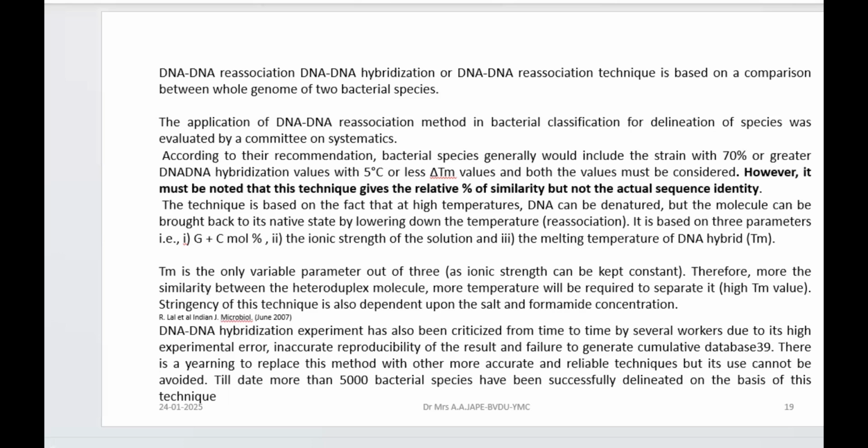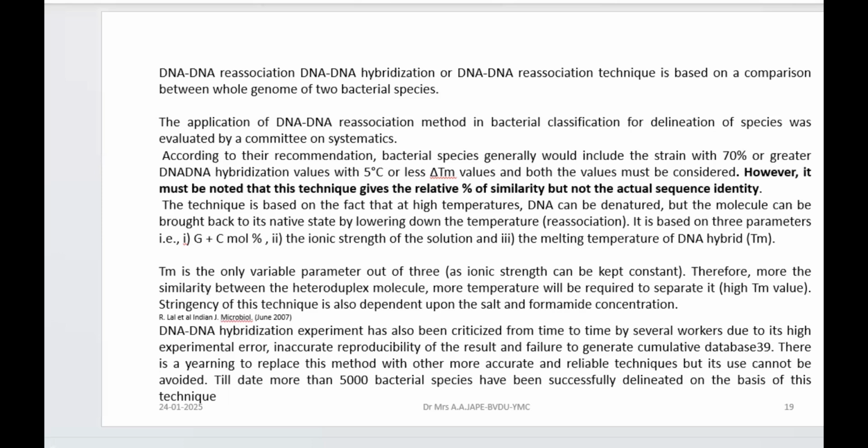So when it comes to DNA hybridization, the reassociation method in bacterial classification, yes, it is useful in finding out species, and it's accepted by the Committee on Systematics. So what are the recommendations of this committee? The bacterial species generally would include the strains with 70% or greater DNA hybridization values with 5 degrees Celsius or less difference in TM values, right?